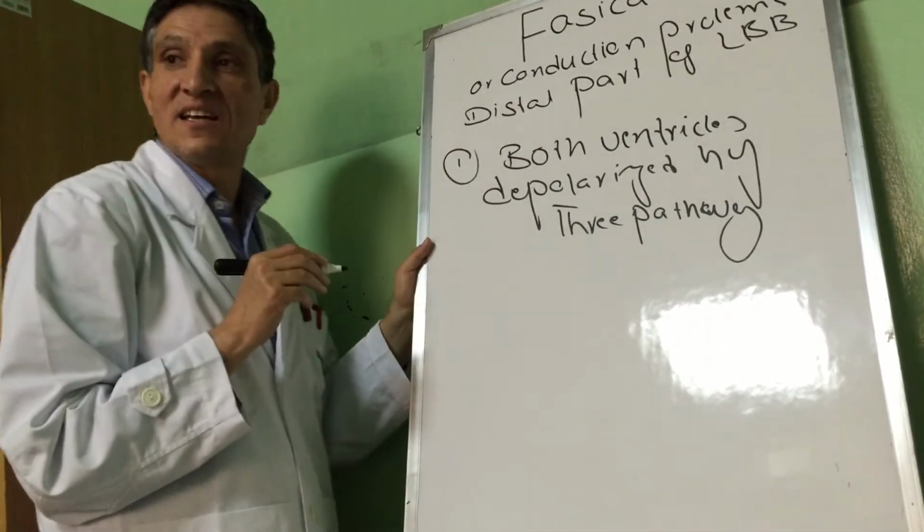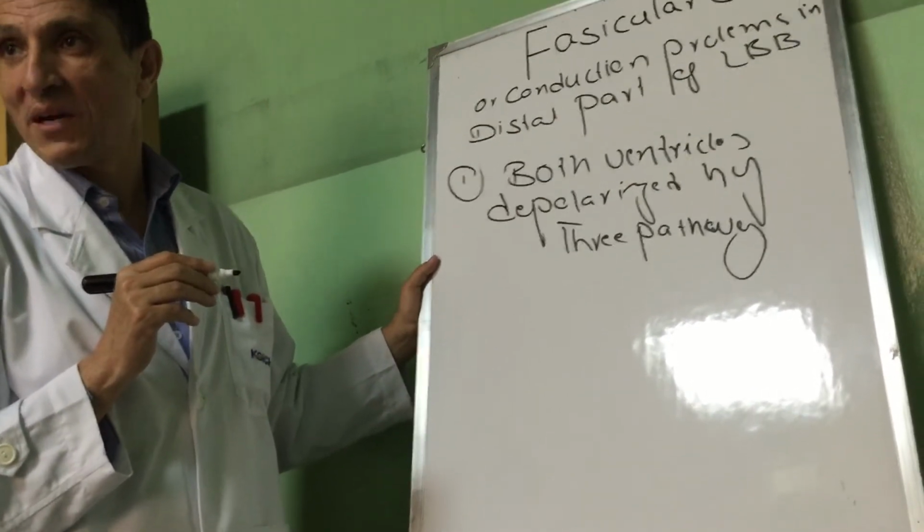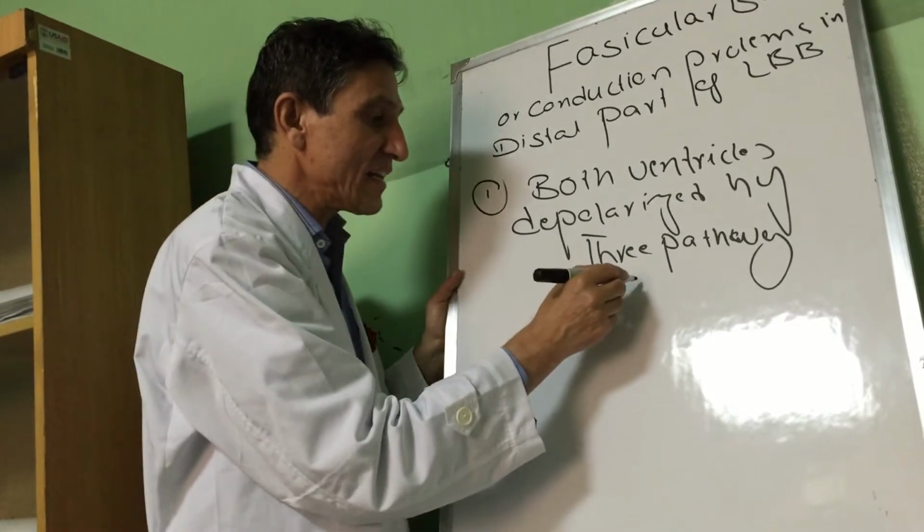These three pathways: anterior fascicle, posterior fascicle, and right bundle branch. For example, again I'll give you the example.